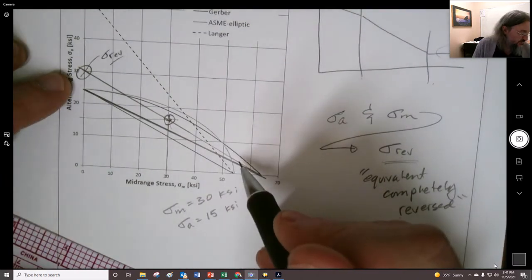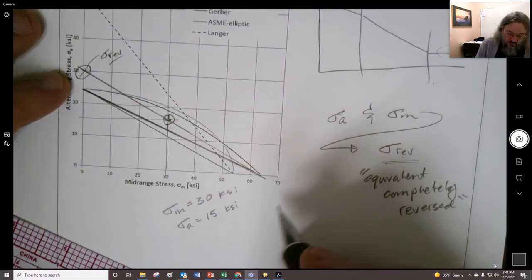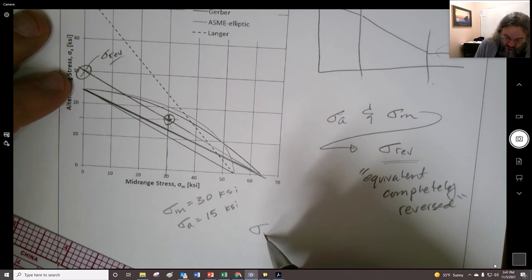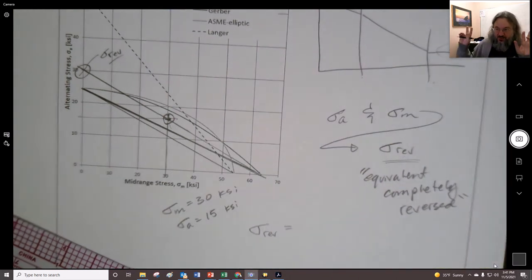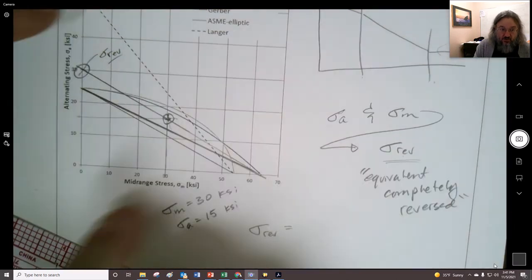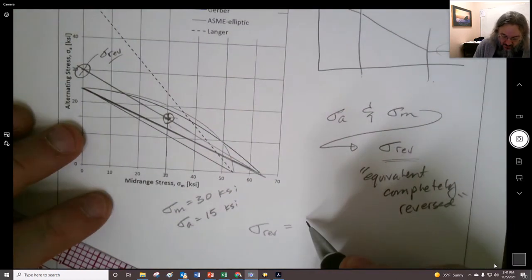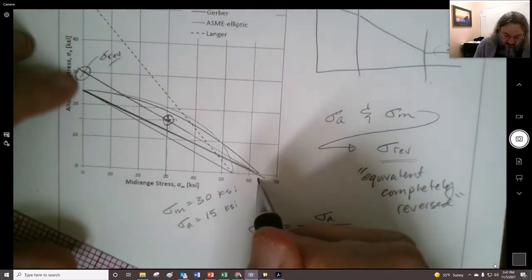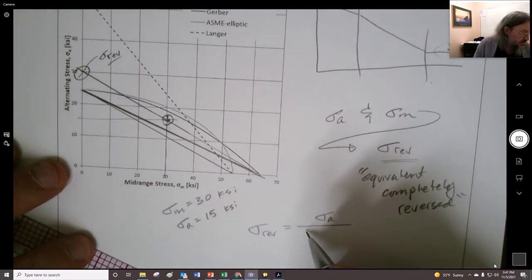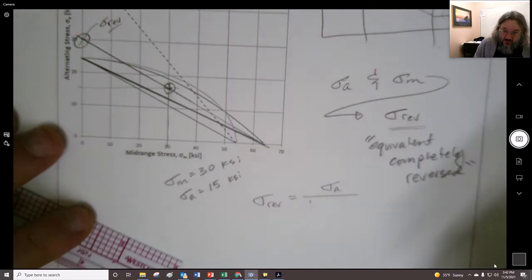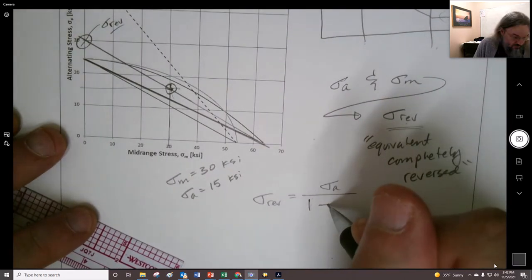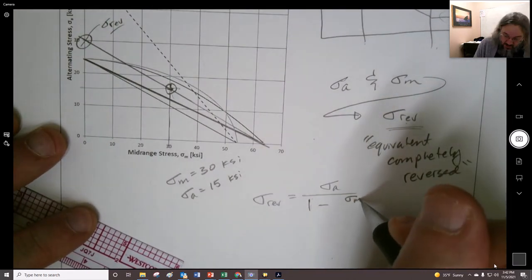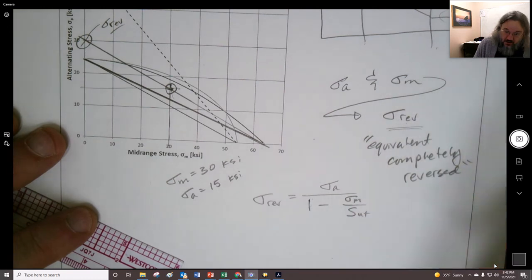That's what I do graphically. To do this by way of an equation, and this is based on Goodman, we have the other ones that we could have done it with, but we have this based on Goodman. It ends up being sigma A divided by 1 minus sigma M divided by the ultimate strength.